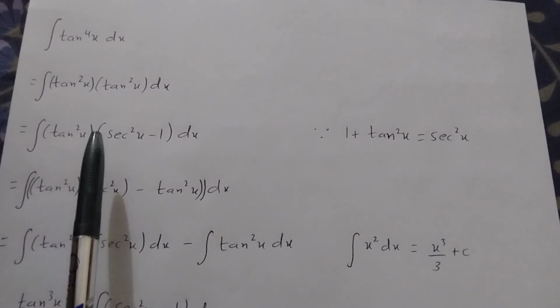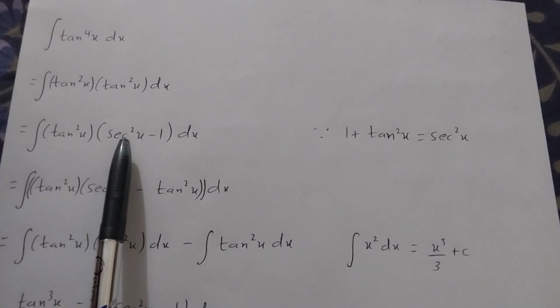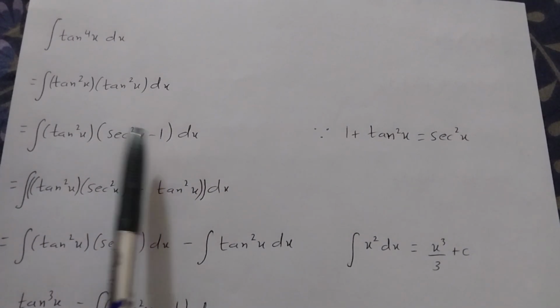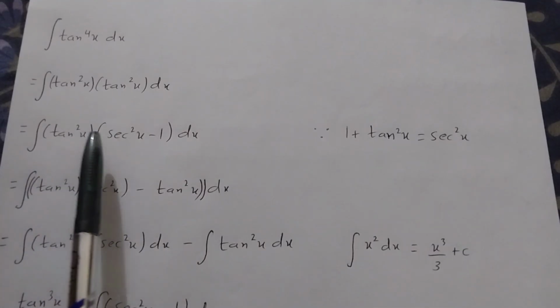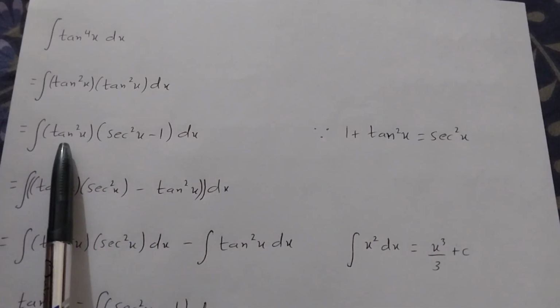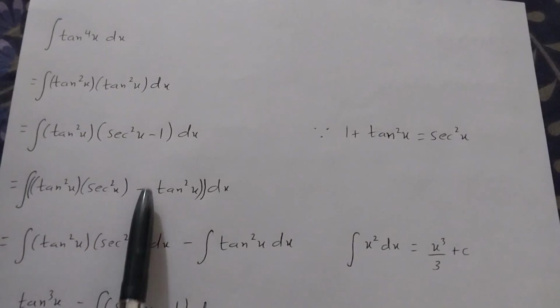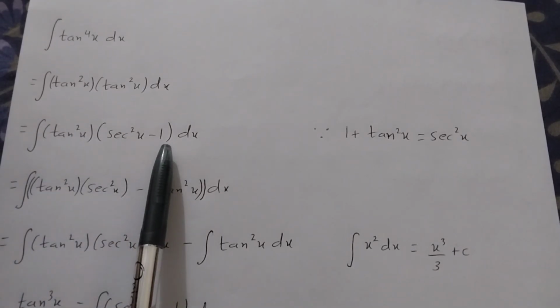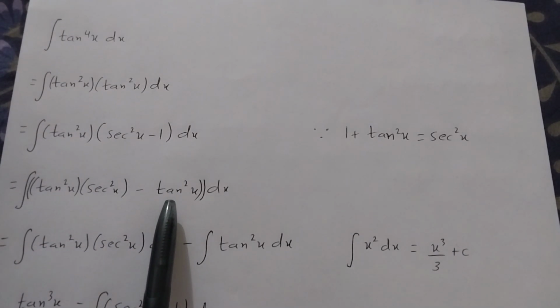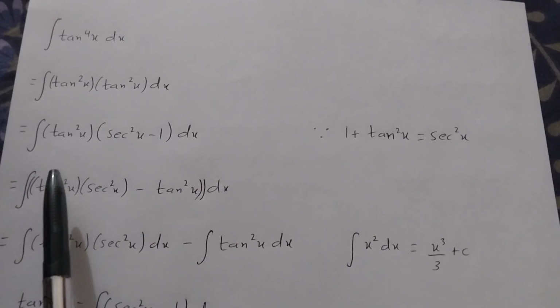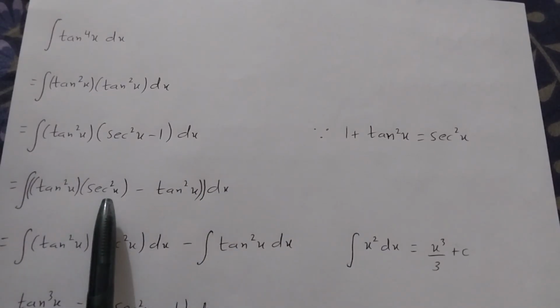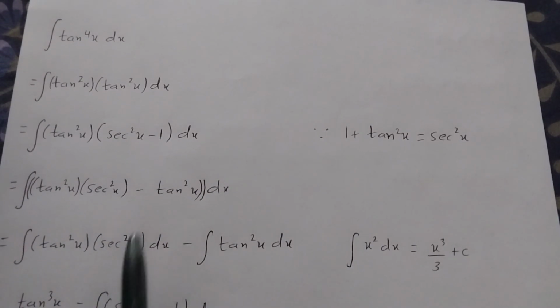So this tan square x is multiplying with this secant square x minus 1. So this tan square x will be distributed. So tan square x will be multiplied by secant square x, here is that term, minus this tan square x will be multiplied by 1, which will give us tan square x. And this whole thing is being integrated with respect to x.